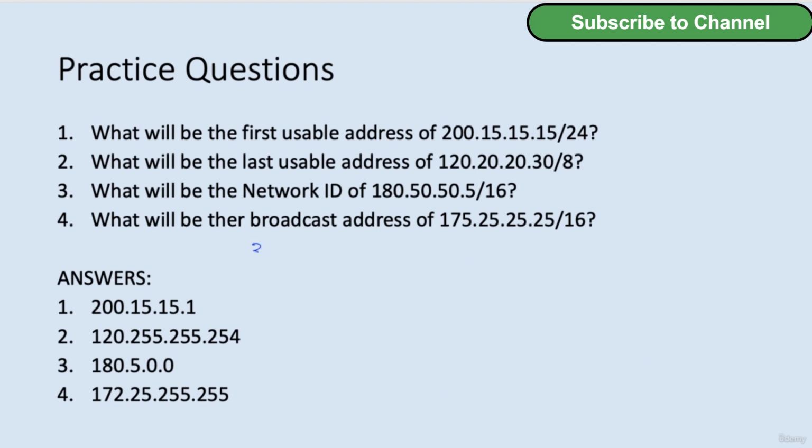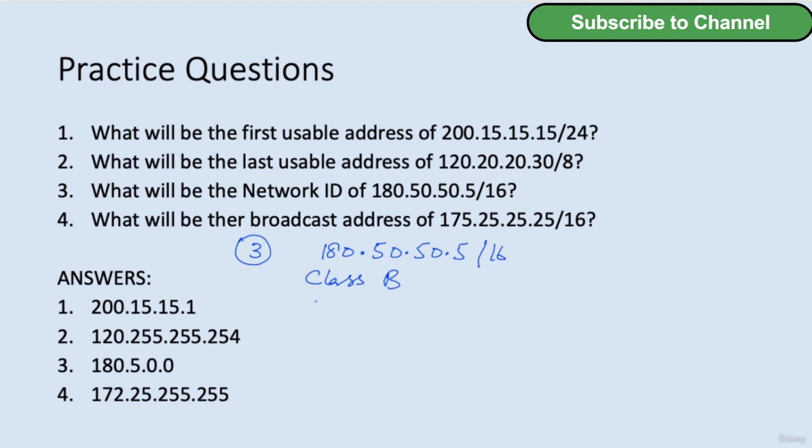Now our third question: what will be the network ID of IP address 180.50.50.5/16? Its class, we will see the first octet only, its class is B. Mask is /16, so it's a default mask.